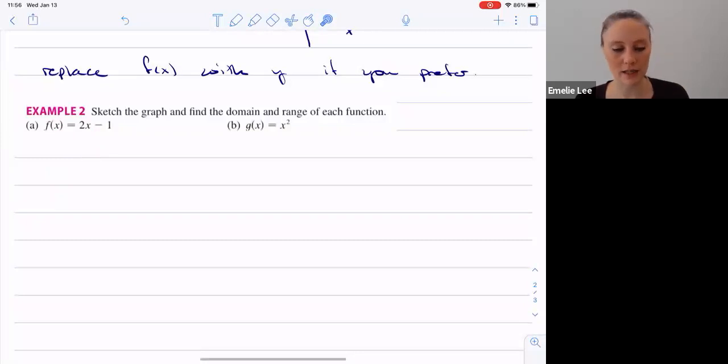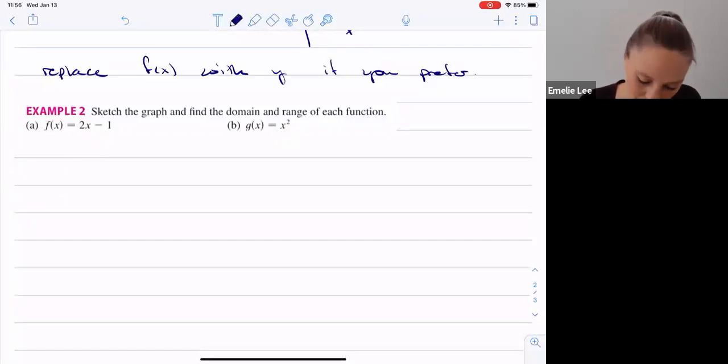So from pre-calculus, we got familiar with some common equations, one of which is the equation of a straight line. And here we have a parabola. Right?